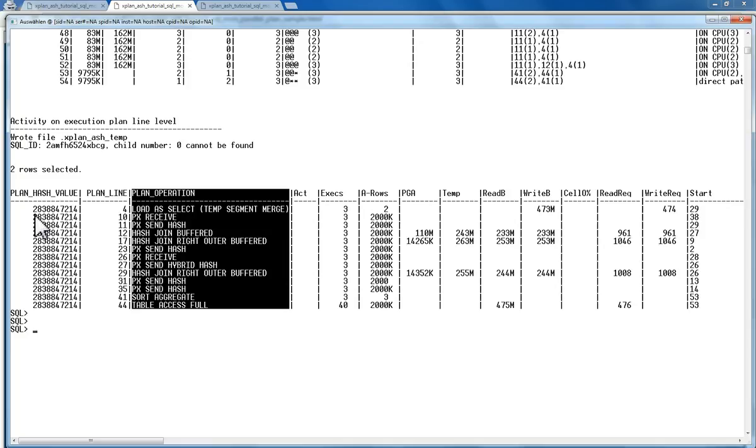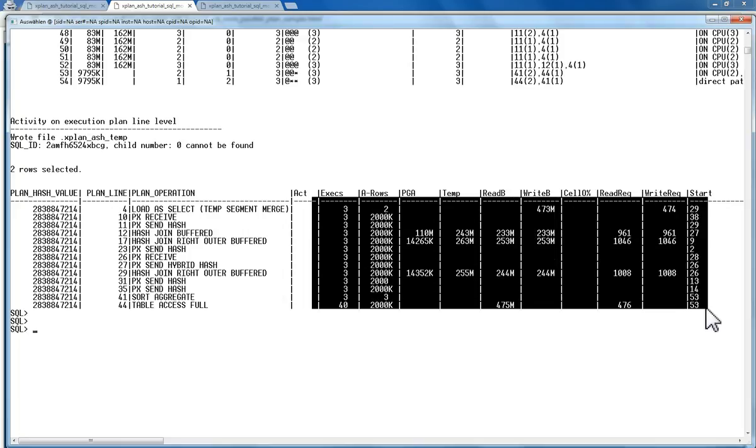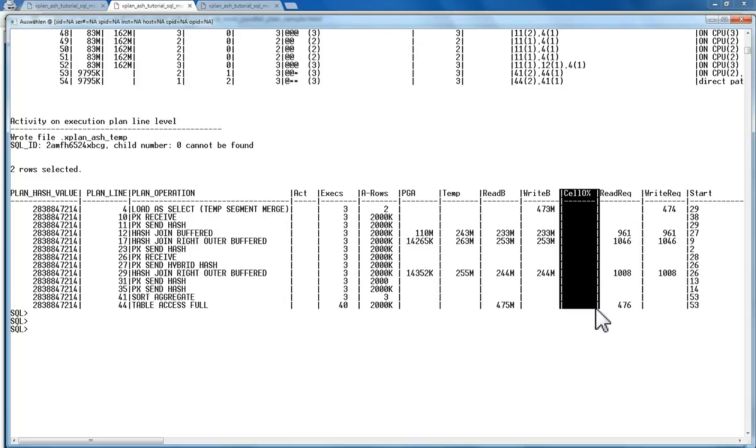You also get the plan hash value, and you get these additional columns here that would basically be injected into the official DBMS_XPLAN output, and the meaning is the same. You see here this cell offload percentage column. In this case, I also show columns that do not have any information populated.